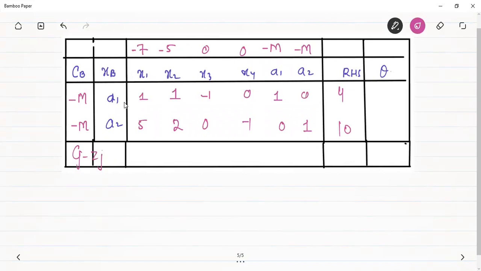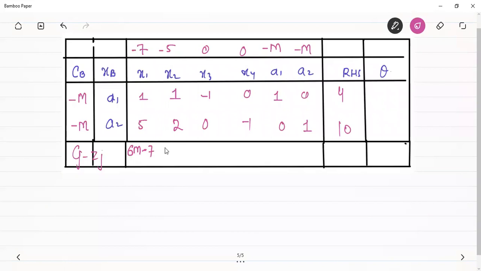अब बताइए क्या होगा? 6m minus. Okay, we have to just perform the basic operation, that is -6m. It will become 6m minus 7. Okay, now in the second we have -m minus 2m, that is -3m, -5 minus -3m will become 3m minus 5.